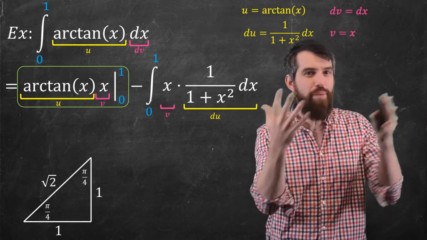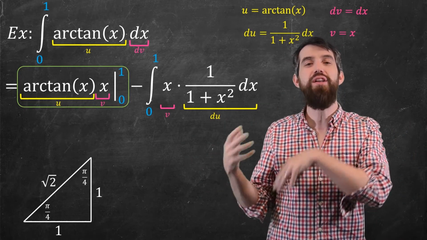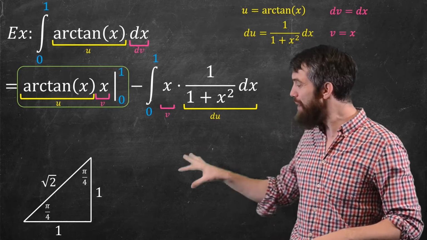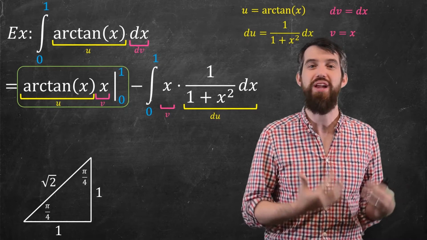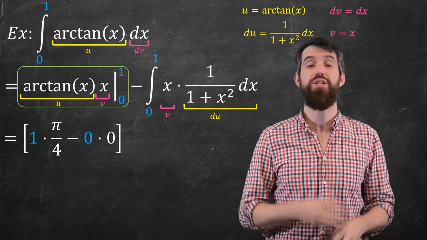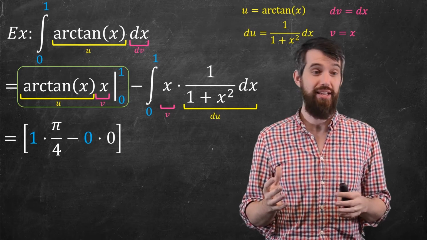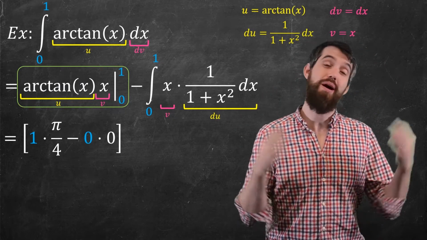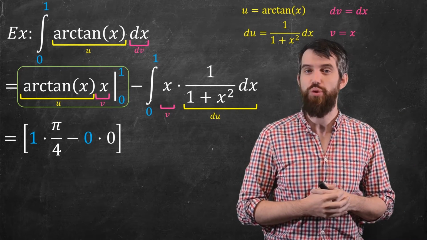So if tan of pi over 4 is 1, then arctan of 1 is just pi over 4. So I can replace what's going to happen to this left portion. It's going to be x equal to 1 times this pi over 4, and then 0. And by the way, arctan of 0 is 0 as well.